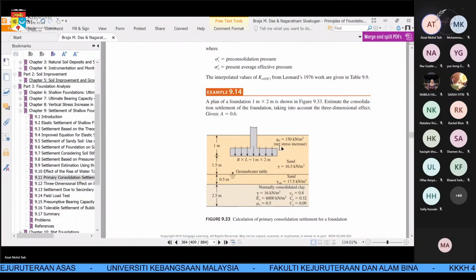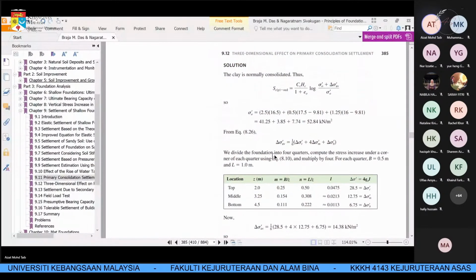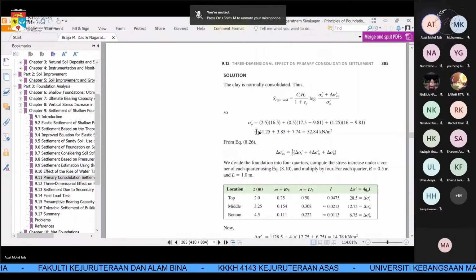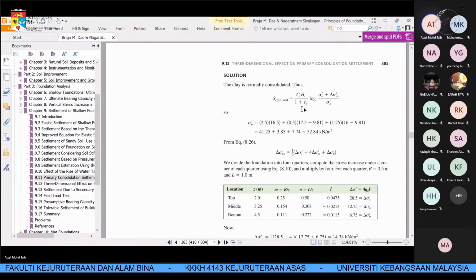Okay, so Q0 equals 150, that is your applied load, the net stress increase. The solution is normally consolidated, so use the formula for normally consolidated. So Cc H over 1 plus e0.